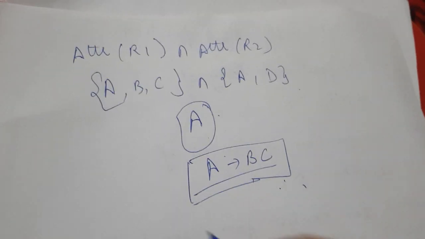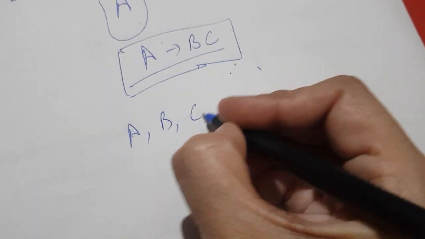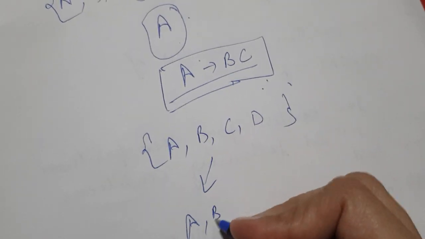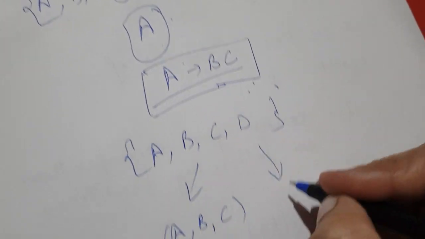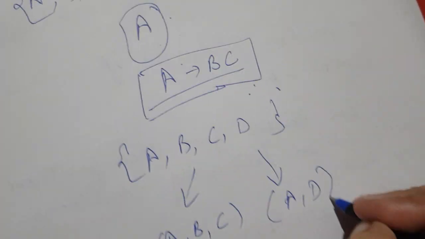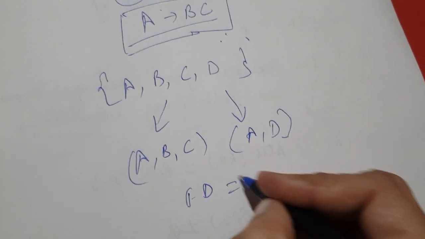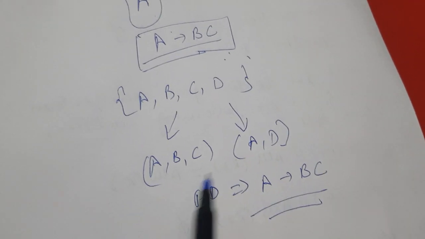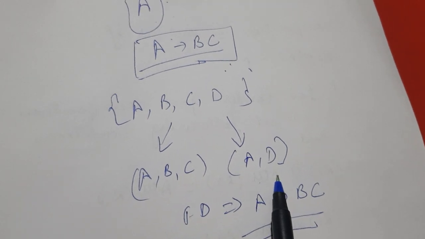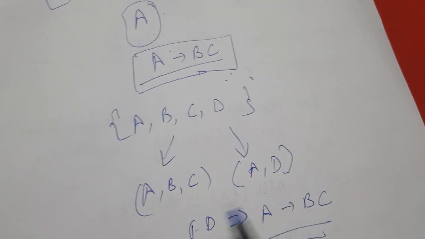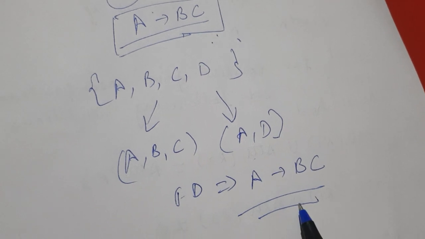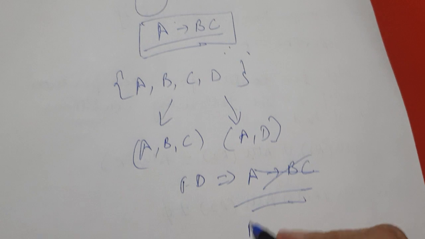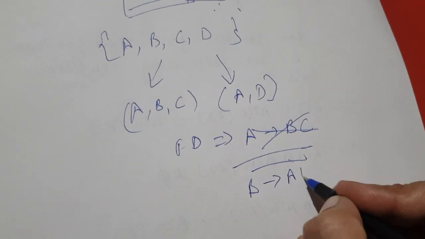So here we can say if we decompose this relation A, B, C, D into A, B, C and A, D, and the functional dependency is A to B, C, then these decompositions are lossless. These are not lossy. Suppose this functional dependency is not there and we have functional dependency B to AD.